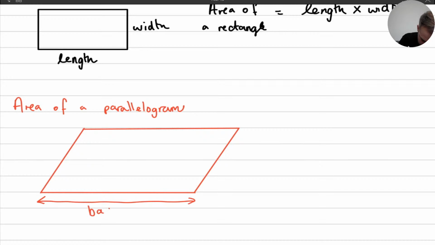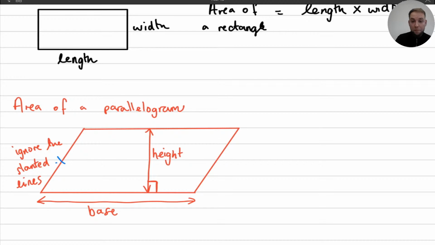This bit here is the base. Now the thing that we need is the vertical height here, or the perpendicular height. Now remember, perpendicular means right angle. So this here is the height. And you always ignore the slanted lines here. So you ignore this slanted line here. It's just the base and the perpendicular height that you need here.